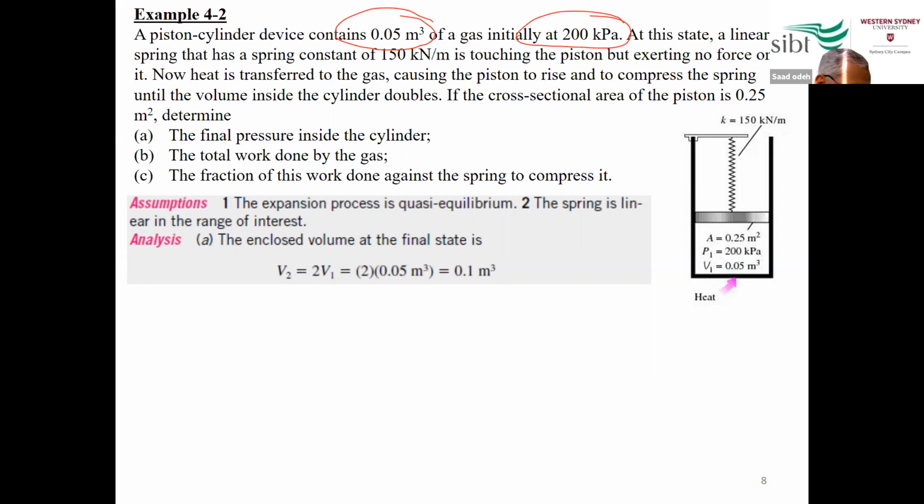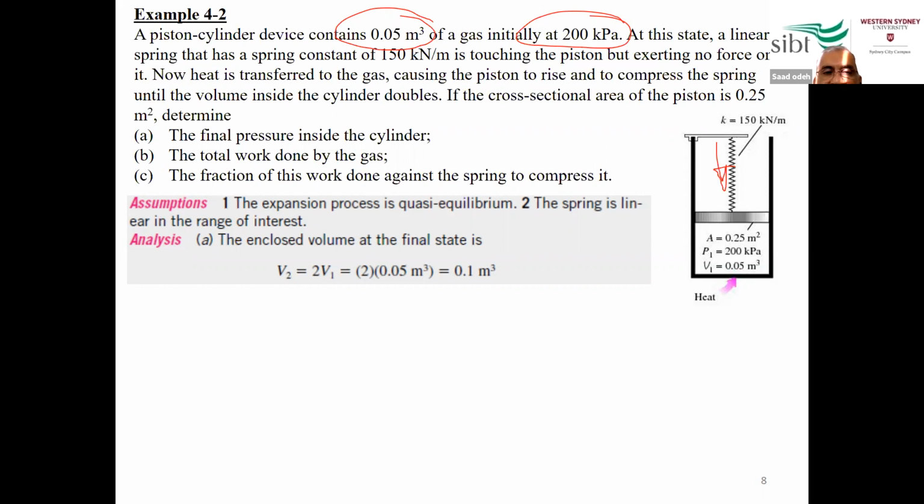We have a spring on top of the piston, and this spring is always exerting pressure downward, trying to push the piston downward. In the initial condition, the spring was at rest. There is no movement. But the spring has what they call a spring constant, and this depends on the type of spring.